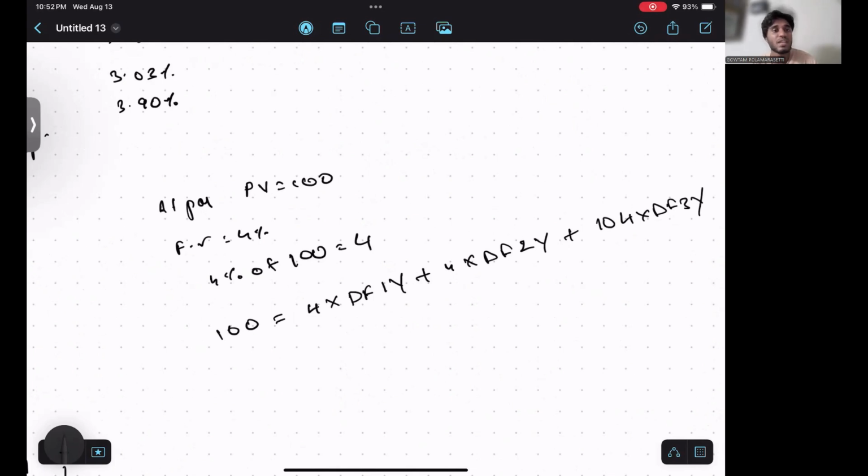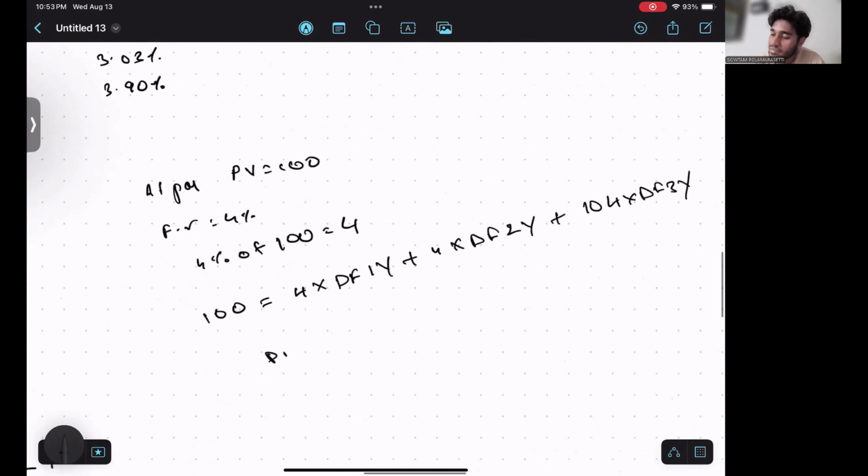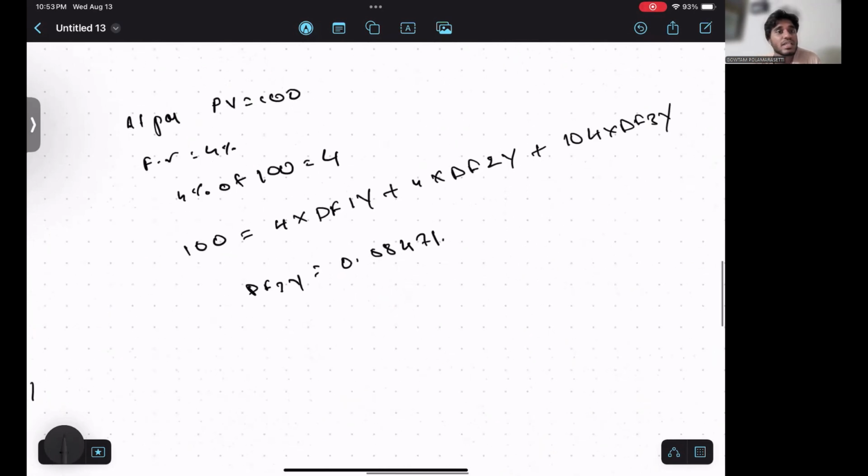We bootstrap the values of the discount factors of 1 year and 2 years, which we got from the 1 year government bond and 2 year government bond, into these. And we find the value of discount factor for 3 years. Doing this, we get the discount factor for 3 years to be equal to 0.8847 approximately.